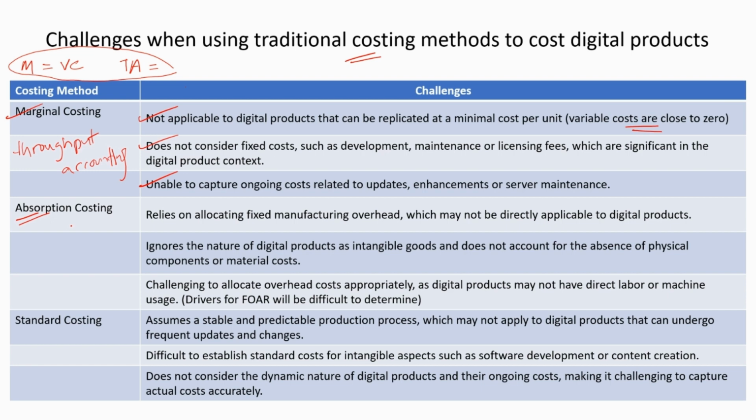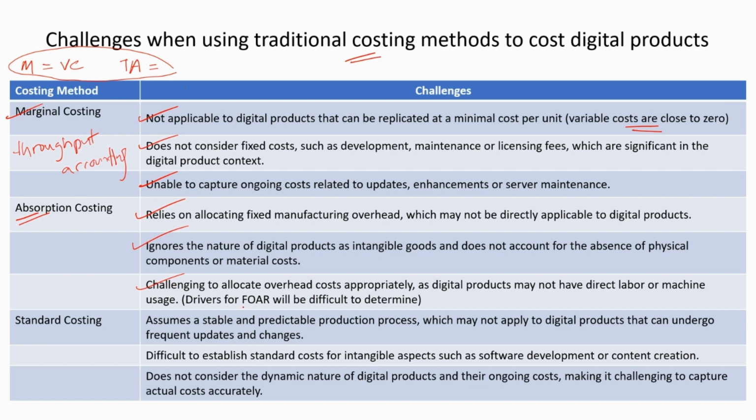Absorption costing relies on allocating fixed manufacturing overhead which may not be directly applicable to digital products. Ignores the nature of digital products as intangible goods and does not account for the absence of physical components or material costs. Challenging to allocate overhead costs appropriately, as digital products may not have direct labor or machine usage.